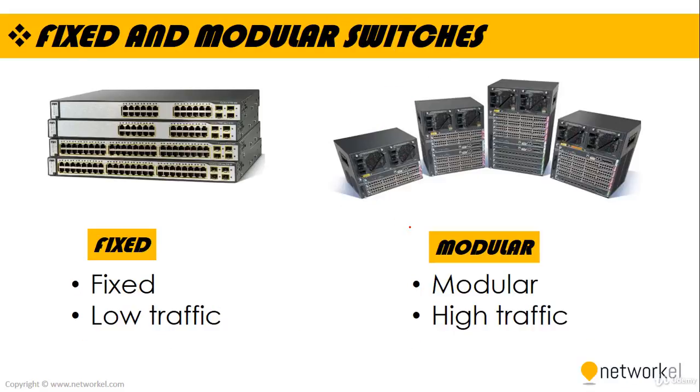Let's take a look at the fixed and modular switch. These are the types of switch, guys. Fixed configuration switches are fixed in their configuration. What that means is that you cannot add features or options to the switch beyond those that originally came with the switch.